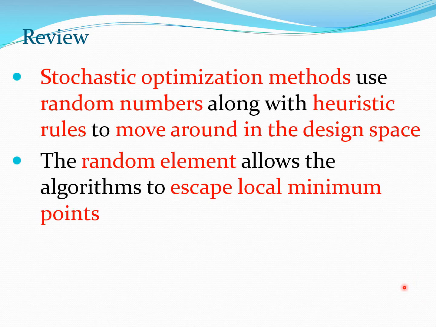Now, stochastic optimization methods use random numbers along with heuristic rules to move around in the design space. This random part of the method lets these methods essentially escape from any local minimum point.